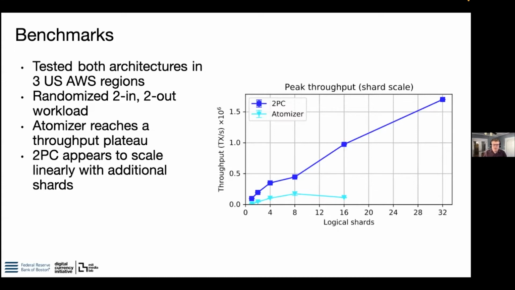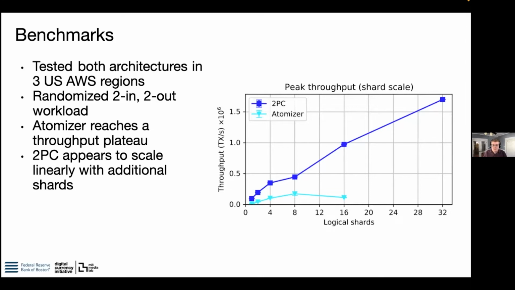So we used 3 US-based AWS regions: Northern Virginia, Ohio, and I think Northern California or Oregon. And that was for fault tolerance purposes. We really wanted to demonstrate that we could get performance in a situation where we could lose one or more entire geographic regions in AWS.